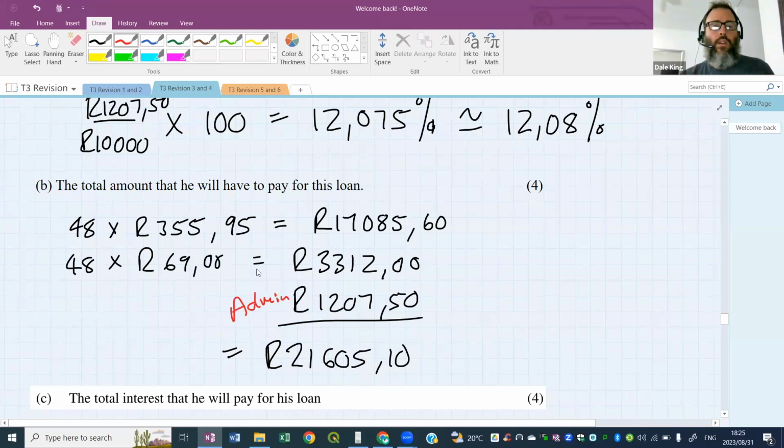So there's the once-off admin plus the monthly admin over there. And this top one here is the premium. Okay, so all three need to be added up to give you your total.